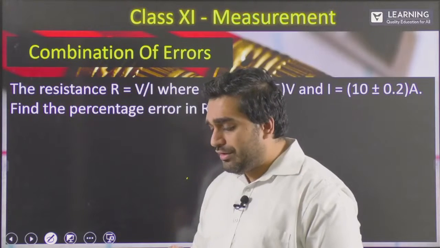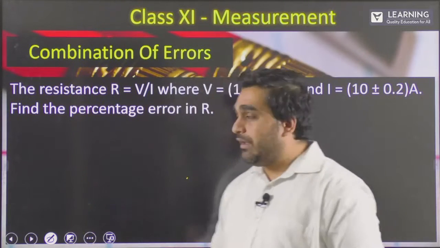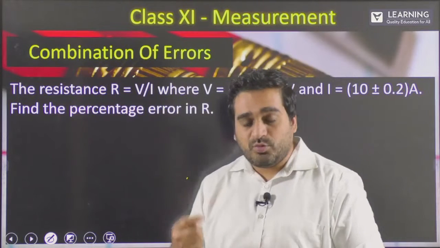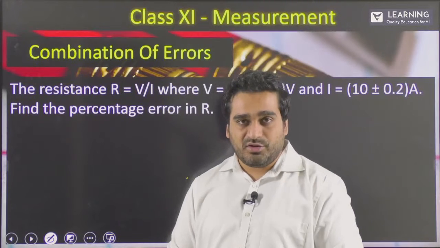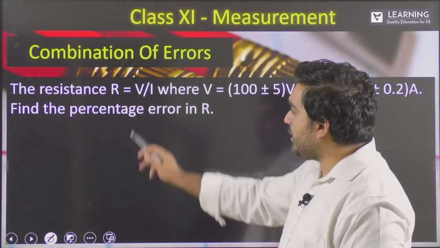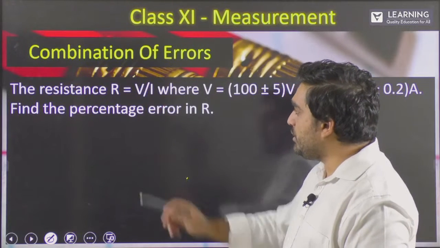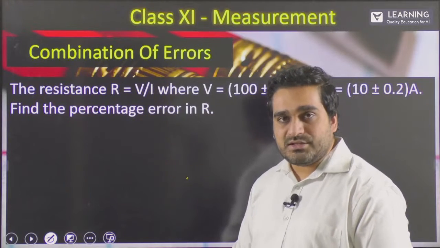Ohm's law is defined as the ratio of voltage to the current, and this constant is called the resistance of a given conductor. R equals V by I. V is the voltage, I is the current, R is the resistance of a conductor.